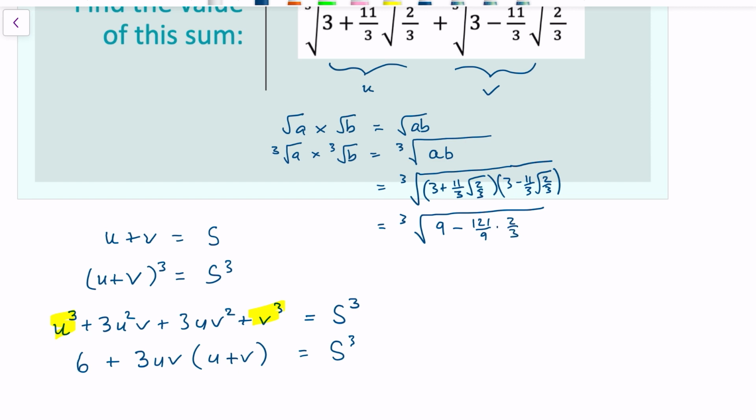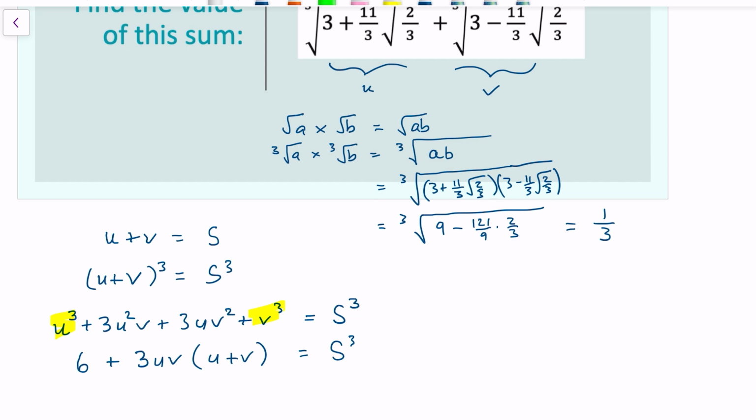Okay, and if we work that out, it's 242 divided by 27, which I need to reach for a calculator for. And amazingly, if you work this out, it comes out to be 1/3. So that is u times v.